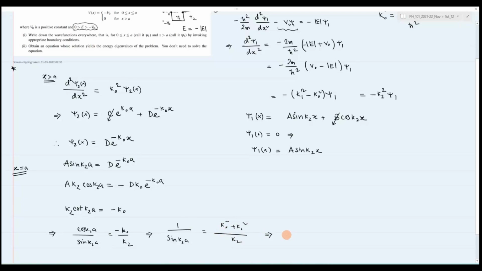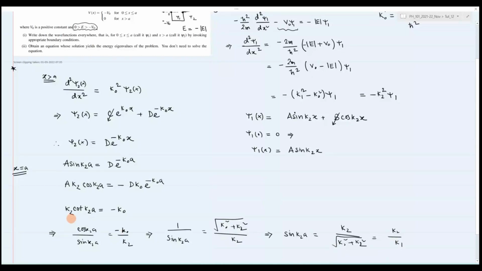So from here you will get sin k2a to be equal to k2 by root over k0 square plus k2 square. Here one root over will be there, here one root over will be there. So this is just a simplification.